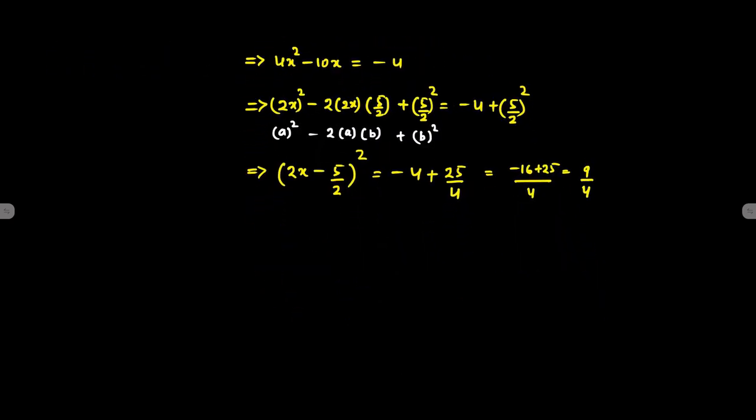That implies 2x − 5/2 is equal to the root of 9/4, which is equal to plus or minus 3/2.